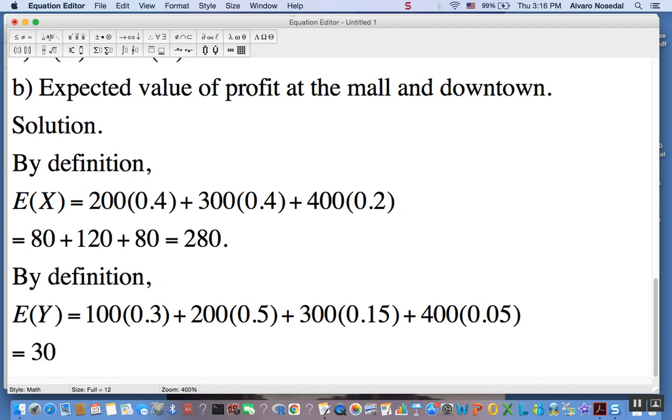Okay. So now let's find those products. So it's going to be 30, it's going to be 100. Right, 300 times 0.15, that would be 45, right? And finally 400 times 0.05, that would be 20. Okay. So that's the same as 130 plus 65, that is 195, right? 195.